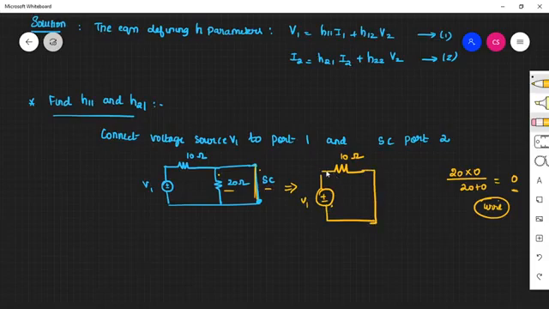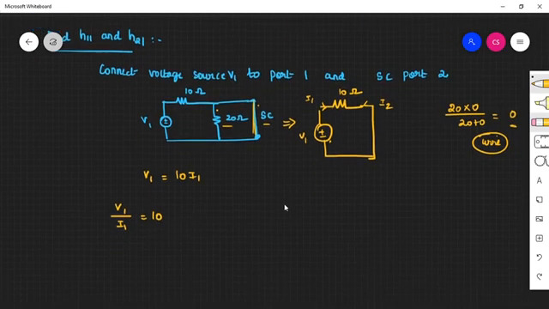Fine. So from here we have a current I1, and because of the short circuit at port 2 we will have the current I2. Now according to Ohm's law we can write V1 is equal to 10 into I1, or V1 by I1 is equal to 10, right? V1 by I1 is nothing but the first parameter H11. Therefore H11 is 10.